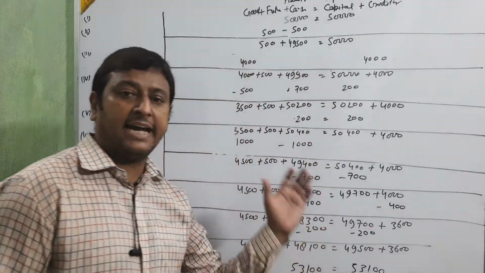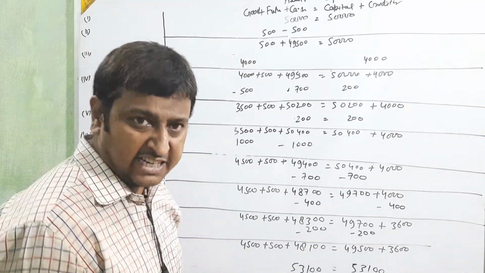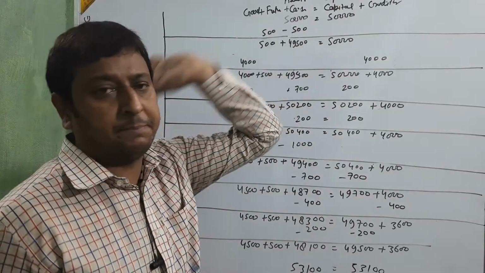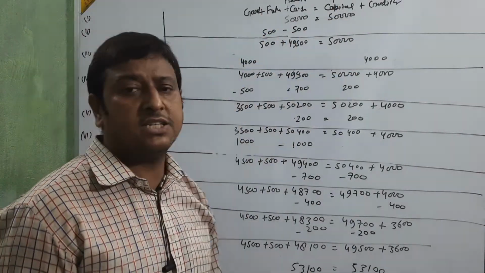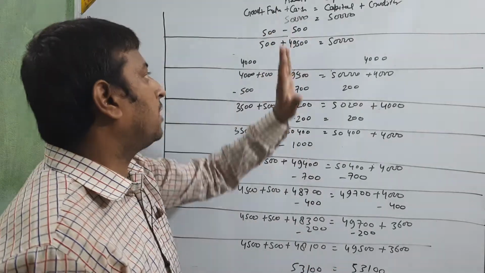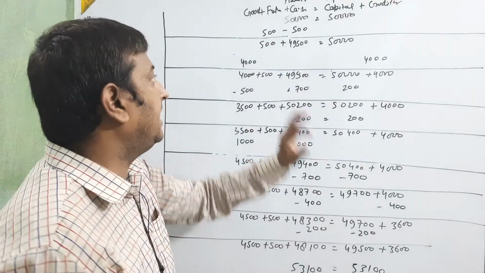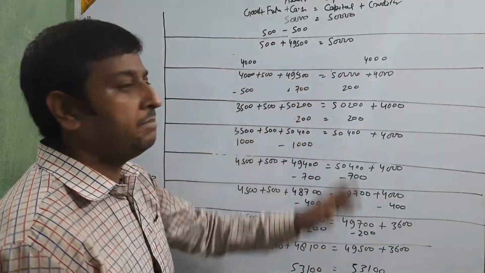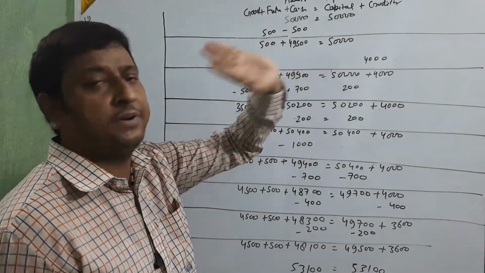Okay. Again I would like to repeat all these questions. First, business starts with the cash of 50,000. Then cash and capital. Okay beta? Then purchase furniture for 5,000. Less from the cash 500, and make furniture of 500. Then the remaining amount is 49,500 and 50,000.